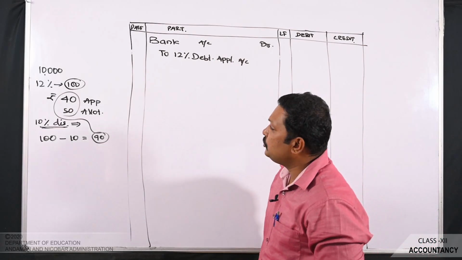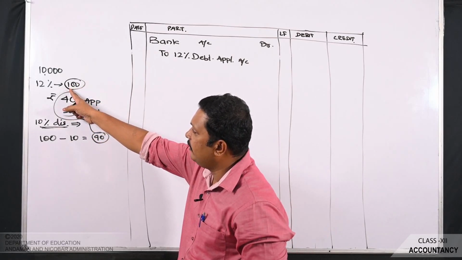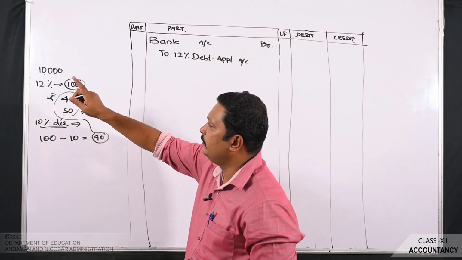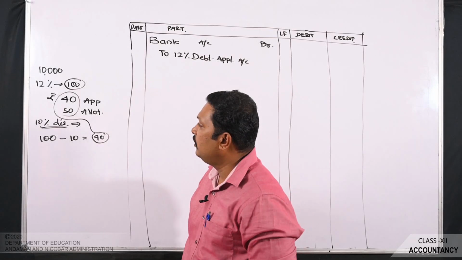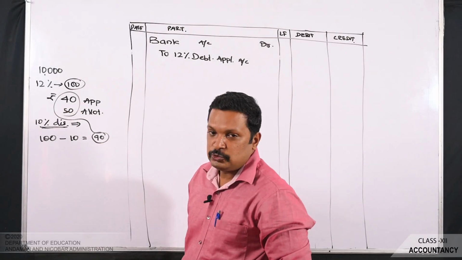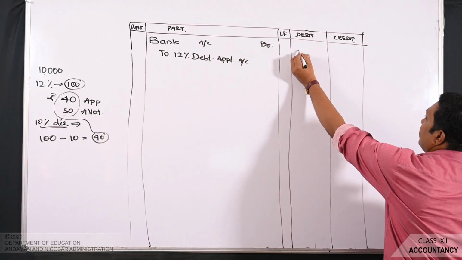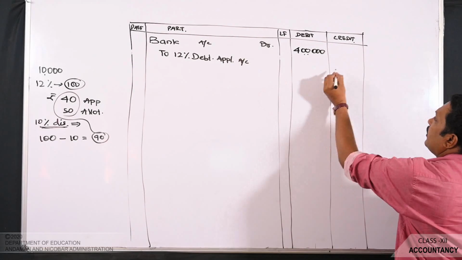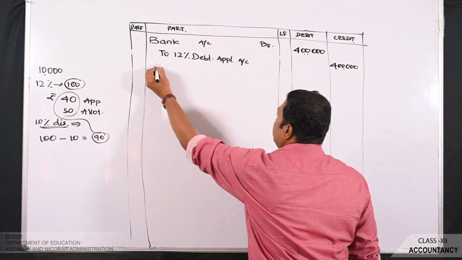So what is the issue price? That is actually the face value is 100, but we are issuing at 90 through 40 and 50. Now how many debentures were issued? 10,000 debentures were issued for rupees 40. So 10,000 into 40 is 4 lakh, isn't it? 4 lakh. Write 4 lakh here simply and write the narration too.